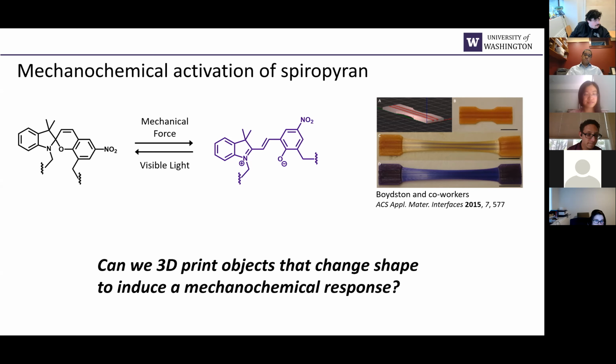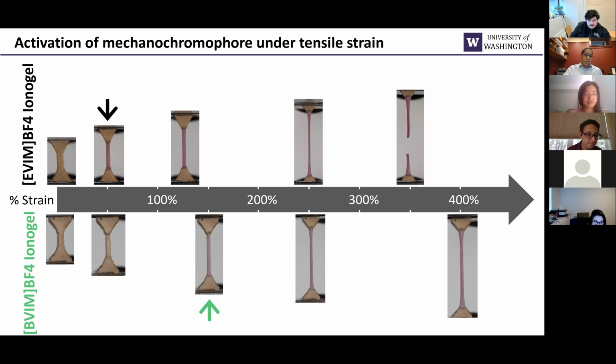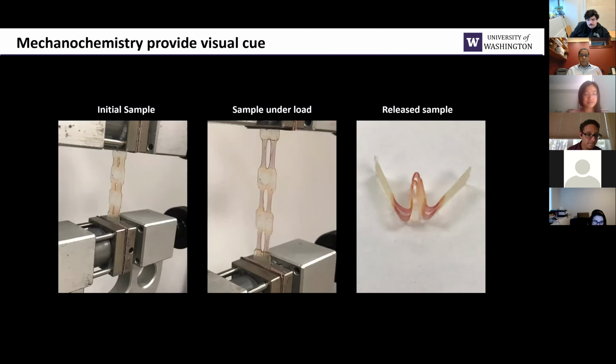When you pull on spiropyran, you can rearrange some of the bonds to form this open form, and when you do, it has a purple color. So what we've done is introduce this molecule into our formulations. I'll skip some of the details here, but what's important is that the color change can be introduced depending on the amount of strain as well.